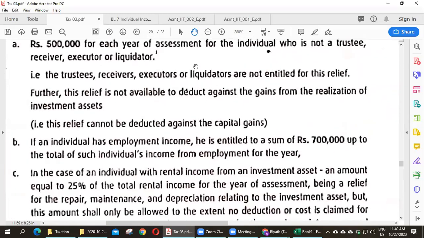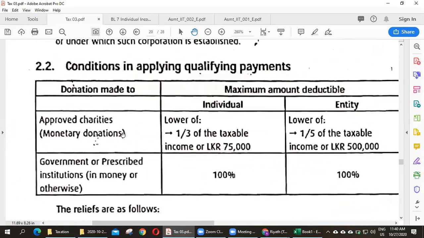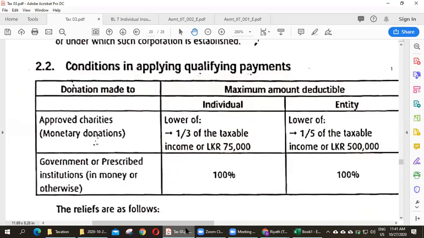Right? I made a mistake, very sorry, but for approved charity, the maximum is the lower of 1/3 of taxable income or 75,000 or the actual amount. So we have to take only 75,000.